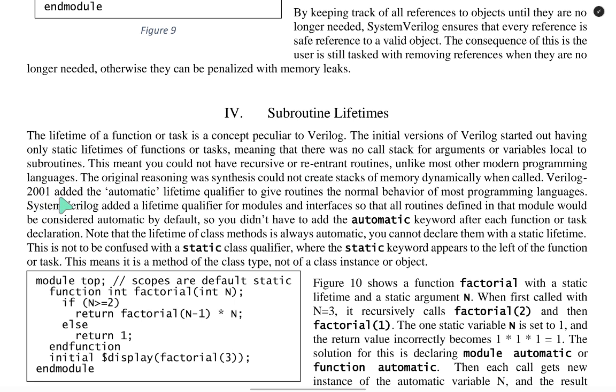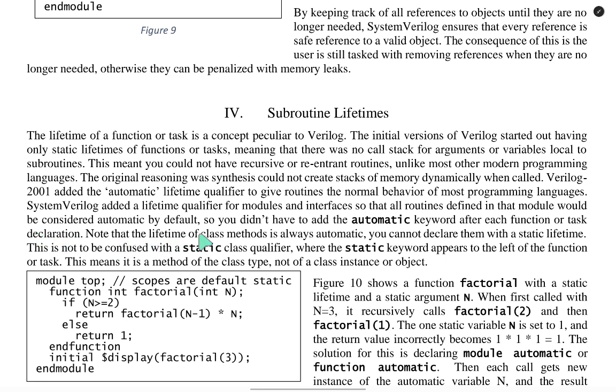SystemVerilog 2001 added the automatic lifetime qualifier to give routines the normal behavior of most programming languages. SystemVerilog added lifetime qualifiers for modules and interfaces so that the routines defined in that module would be considered automatic by default. But you didn't have to add an automatic keyword after each function or task declaration.